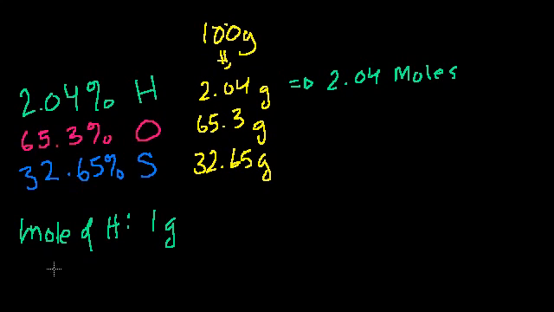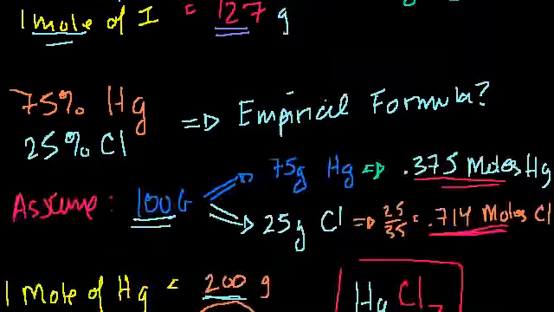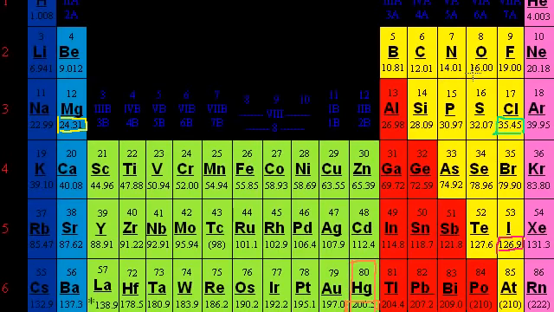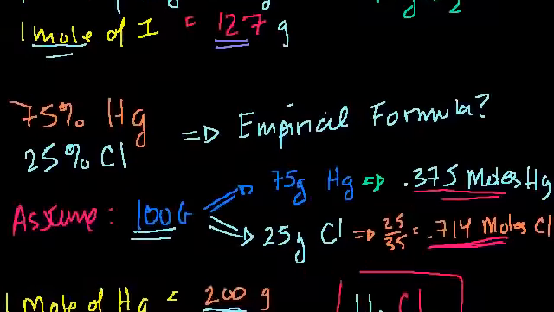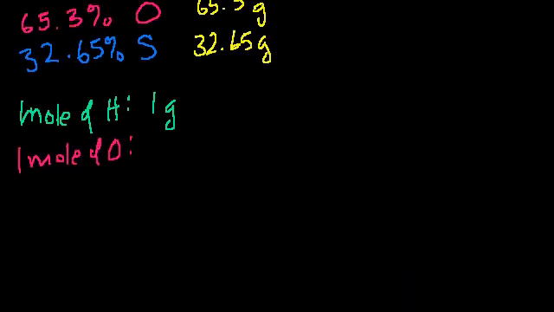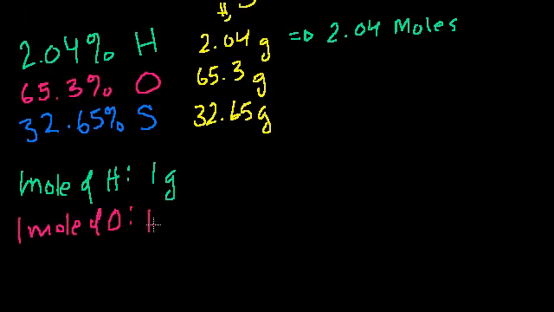And then oxygen. Oxygen's mass number, in case you forgot, is 16. So 1 mole of oxygen has a mass of 16 grams. 6.02 times 10 to the 23 oxygen atoms has a mass of 16 grams. So how many moles do we have here?